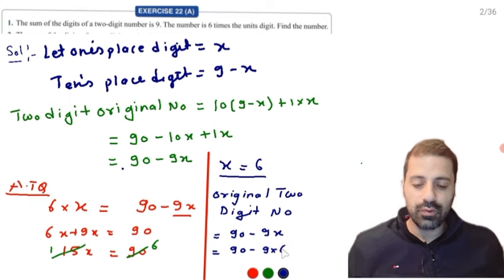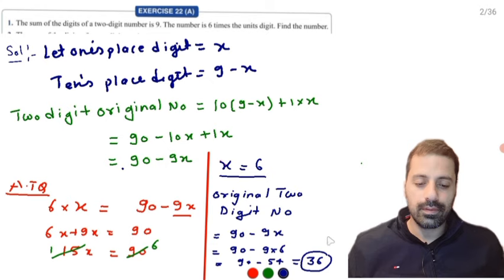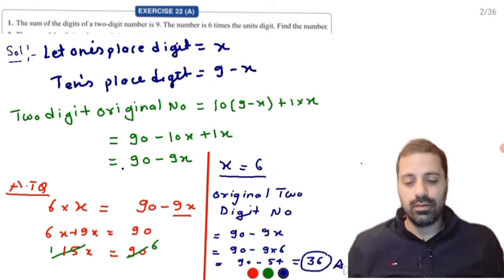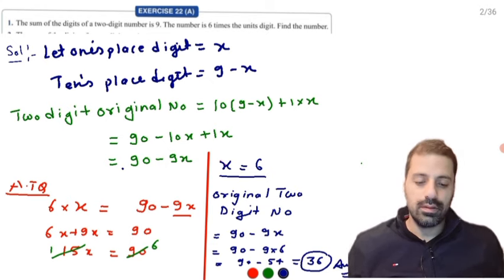At the place of x, 90 minus 9 multiplied by 6. So we have 90 minus 54, and the final answer from here will be 36. Yes, so this is the answer we have now.